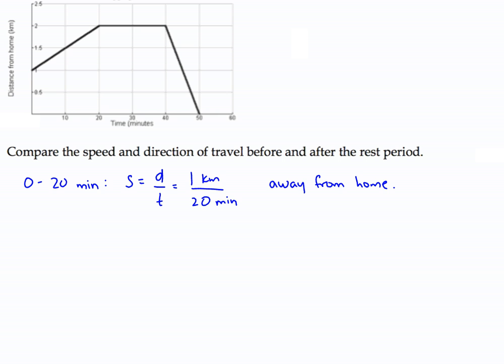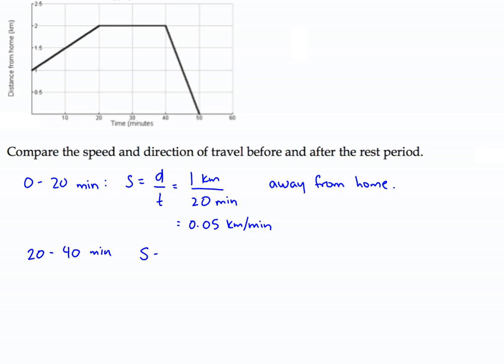We're not going to change this to hours or anything. What is 1 over 20? 0.05 kilometers per minute. Okay, what about from 20 to 40?